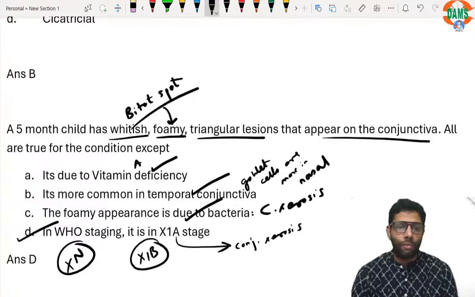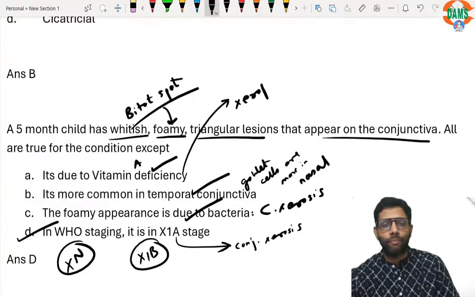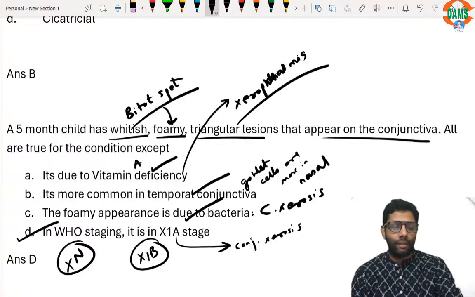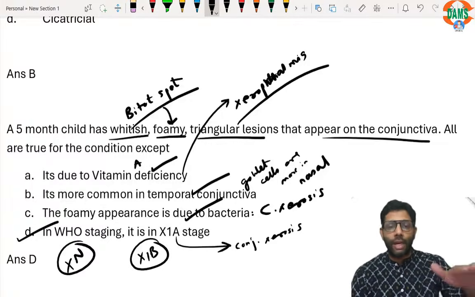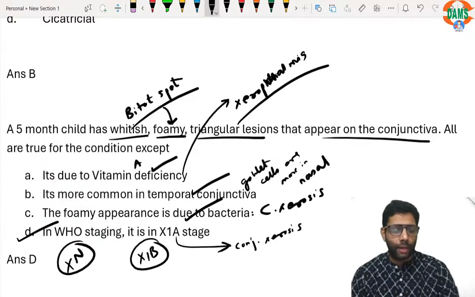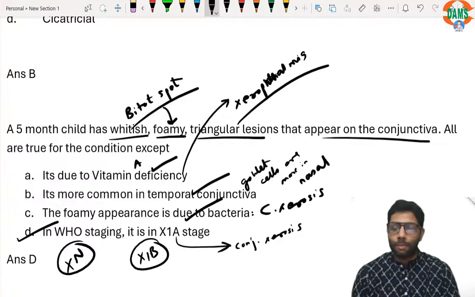Now, what are the features of vitamin A deficiency in the eye, known as xerophthalmia? It's the most common cause of dash blindness. Don't say preventable, don't say night. It's the most common cause of childhood blindness in India, vitamin A deficiency. That's why it comes as a PSM question.